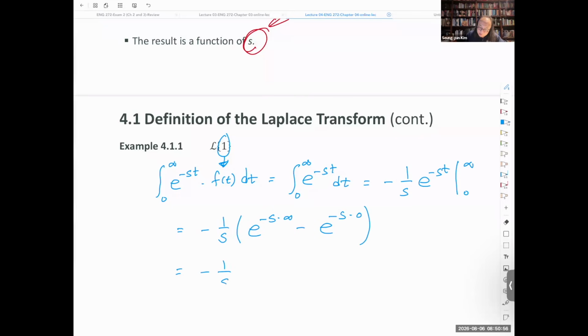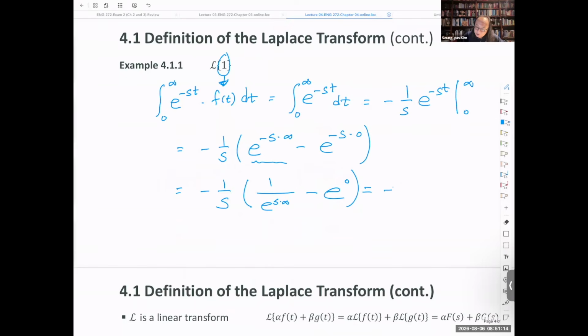I'm going to rewrite this to take care of the negative power: 1 over e to the s times infinity, minus e to the power of 0. So that is negative 1 over s times 0 minus 1, because the denominator, e to the s times infinity, is infinity, and 1 over infinity is 0. So we have 1 over s.